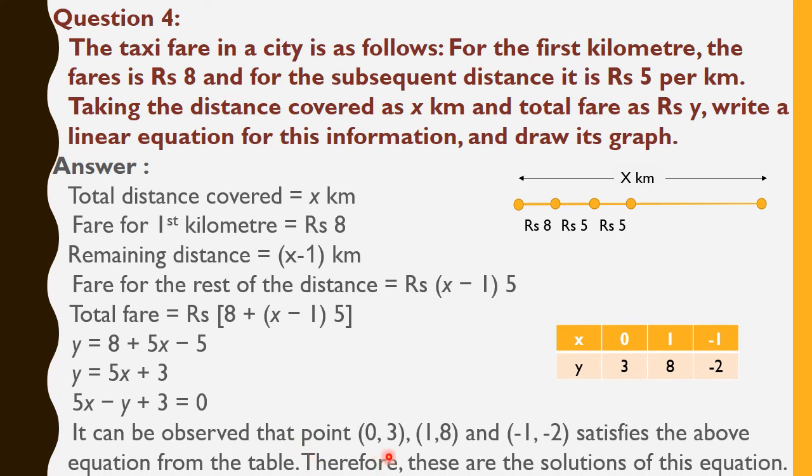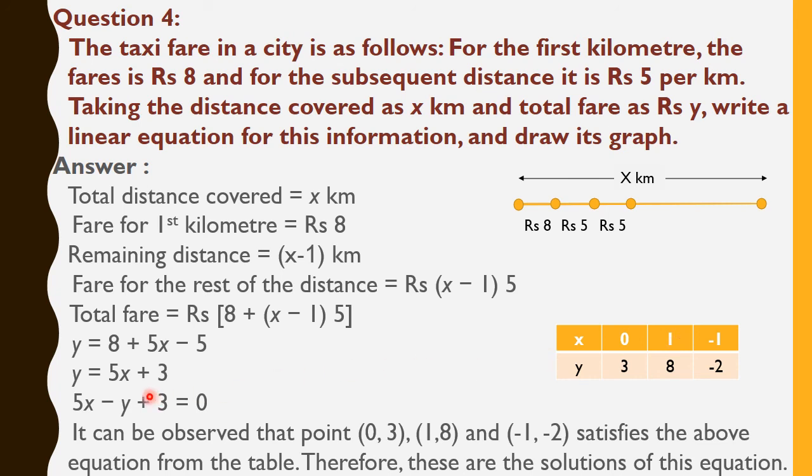It can be observed that the points (0, 3), (1, 8) and (-1, -2) satisfy the above equation. So we can form a table directly from the given equation. If we put the value of x as 0, we get y as 3.